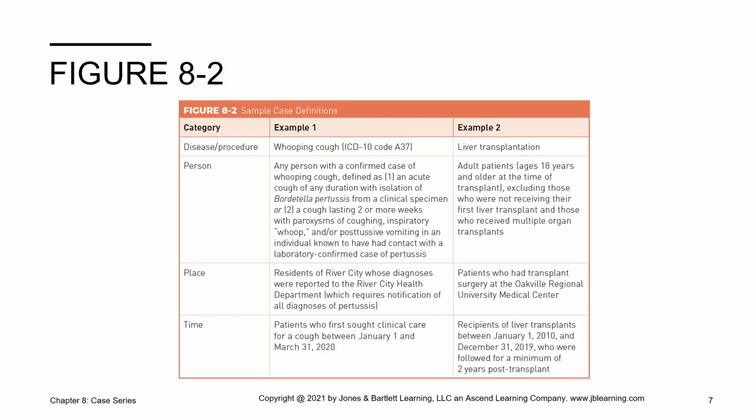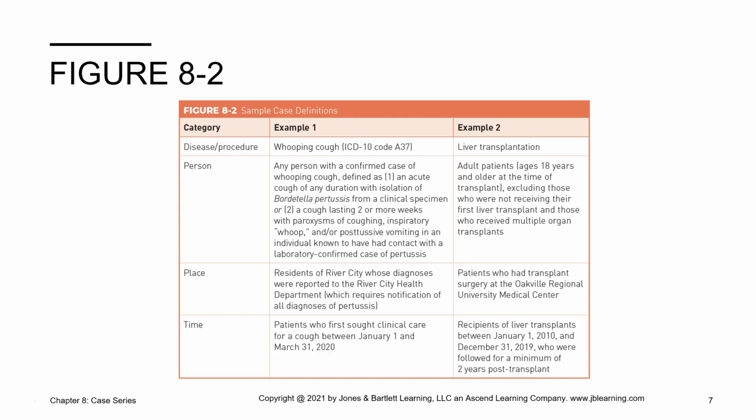Figure 8.2 goes over some sample case definitions. I'll just go over the first one here, and then you can go over them in your own time. Let's say we have a disease or procedure, and for the first example we're looking at whooping cough.